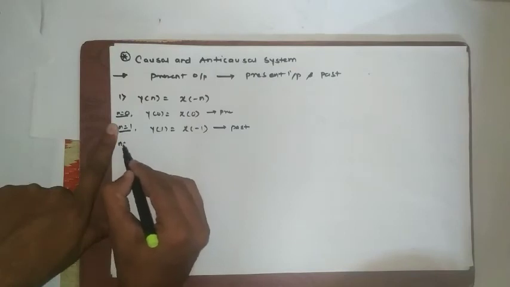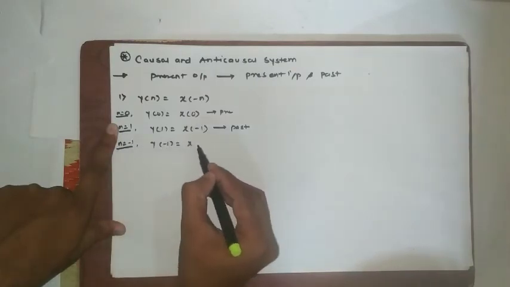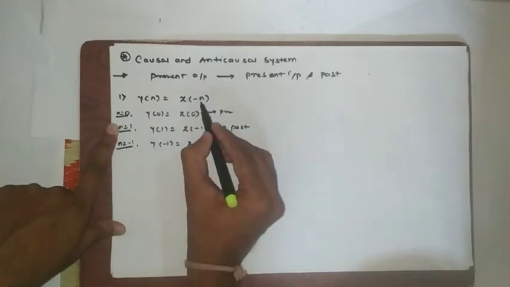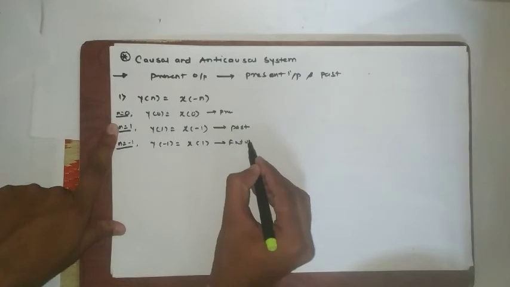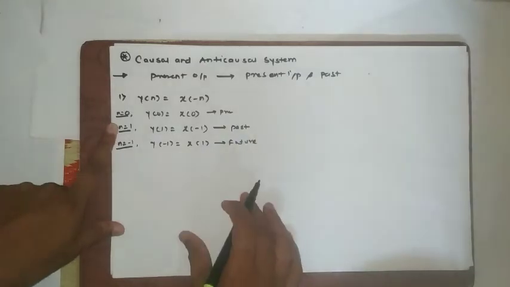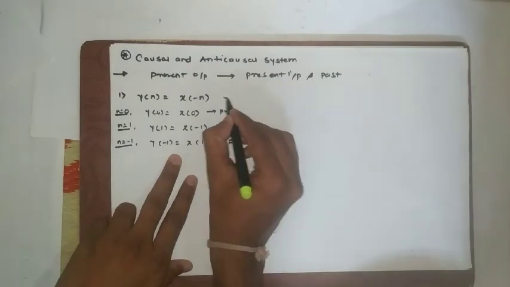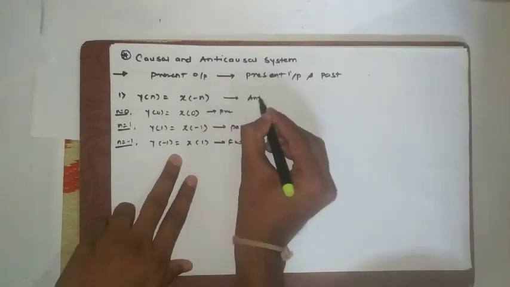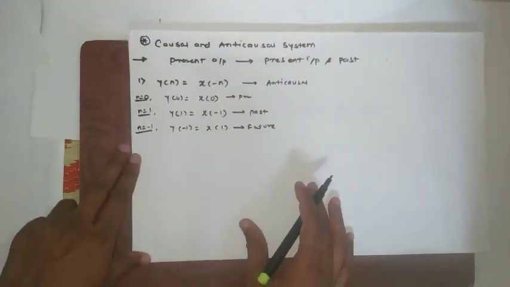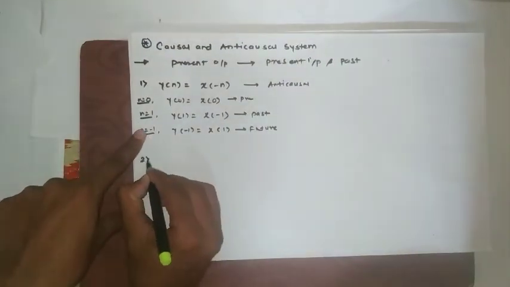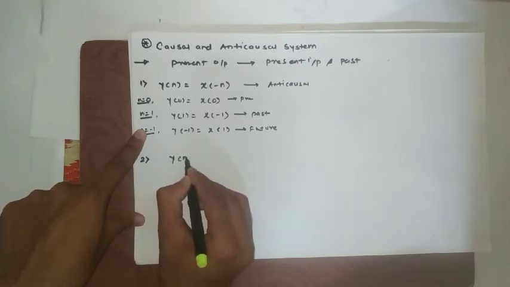So if I consider the last value n = -1, we'll get y(-1) = x(1), since minus minus becomes plus 1, that means future. Now if in any of the cases it depends upon the future, the system is said to be an anti-causal system.